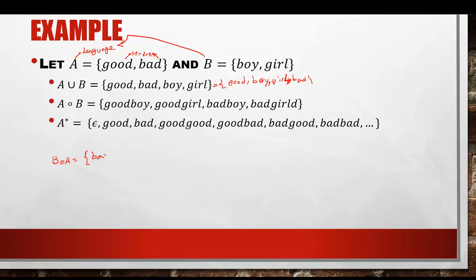So you've got boy good, boy bad, girl good, and girl bad. And this is a concatenation. Now, could I swap these elements? Sure. So it could be boy bad, and then girl good, and then boy good, and then girl bad.